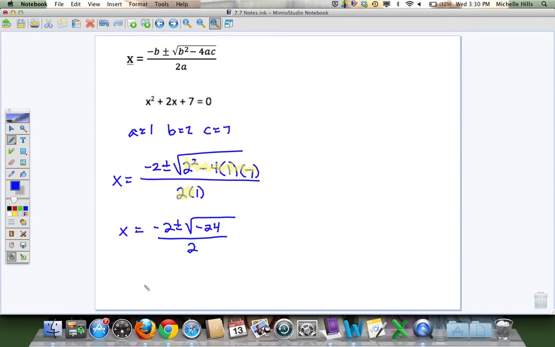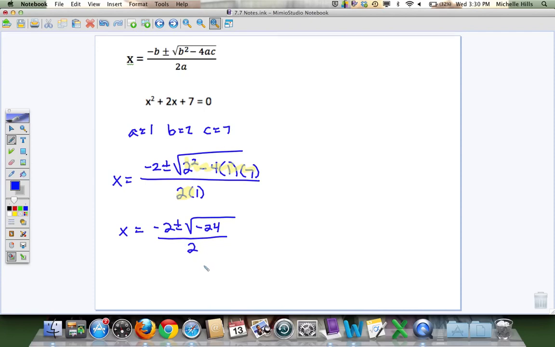If you try to take the square root of negative 24 in your calculator, it's going to give you an error. It may say syntax error, domain error, but some kind of error. If you think about it, a square root undoes a square. So when you're taking the square root, you're basically saying what number could I multiply by itself to get an answer of negative 24?